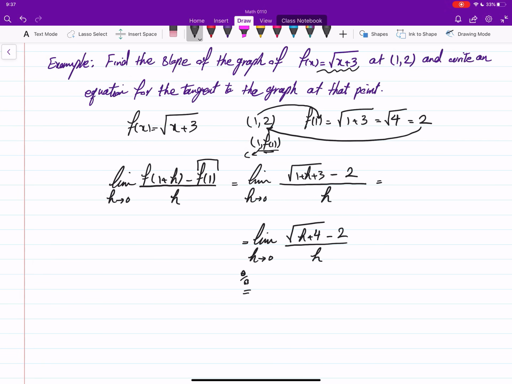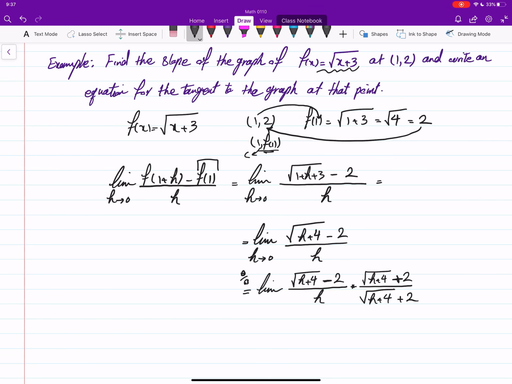In these cases, as you remember, we use the conjugate of this guy to be able to derive the vanishing factor from the numerator. So what is the conjugate? This one was minus.